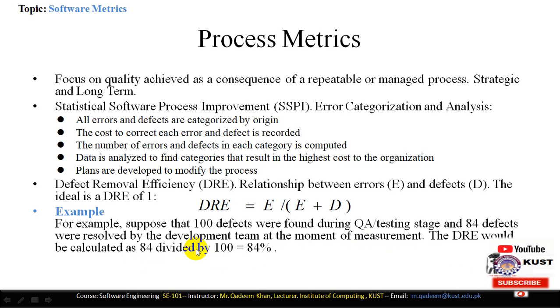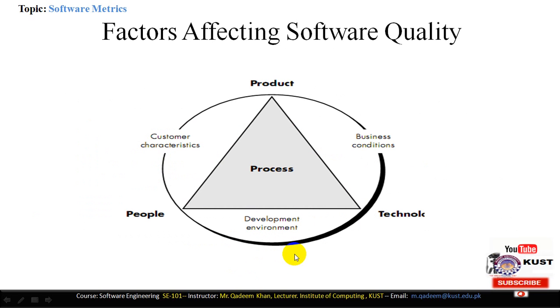That is, 84 divided by 84 plus 16, where 16 are the errors and 84 are the defects. So that is 84 divided by 100, equal to 84%.